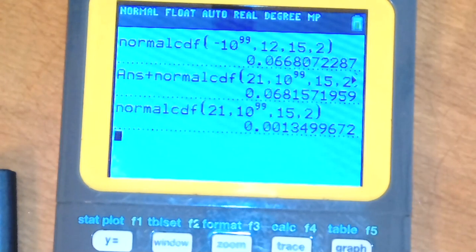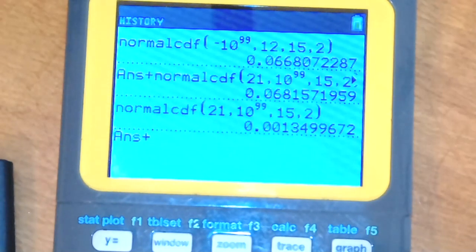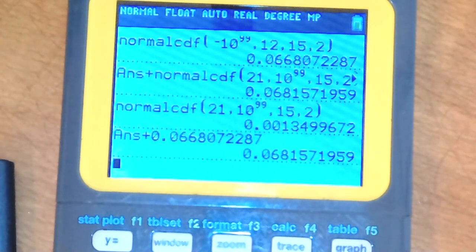And this one here is a 0.0668. And so when I added this one with, and I'm just arrowing, let me see, sorry. When I added this one with, and I'm going to highlight, it's hard to see the highlight, with my answer from the top, adding those together, you see I got this answer here, that 0.06815.